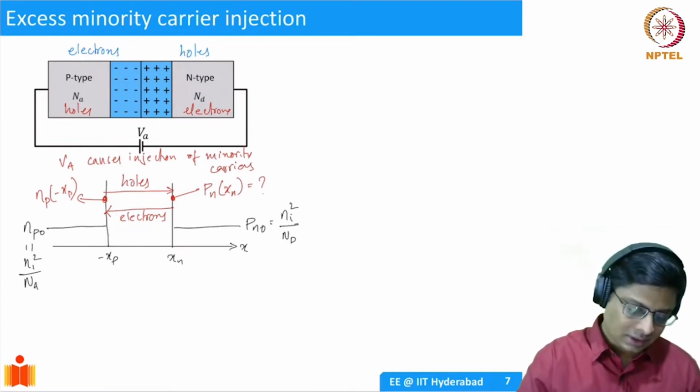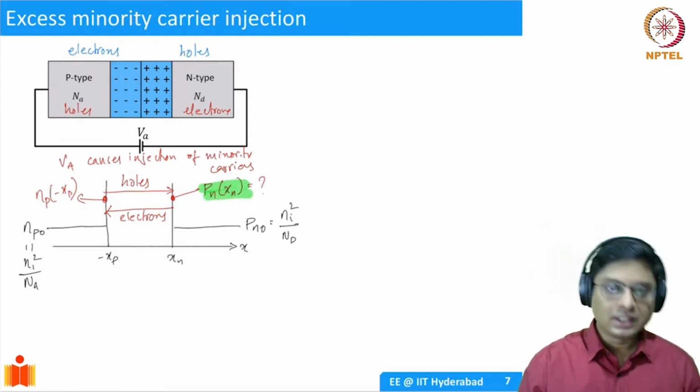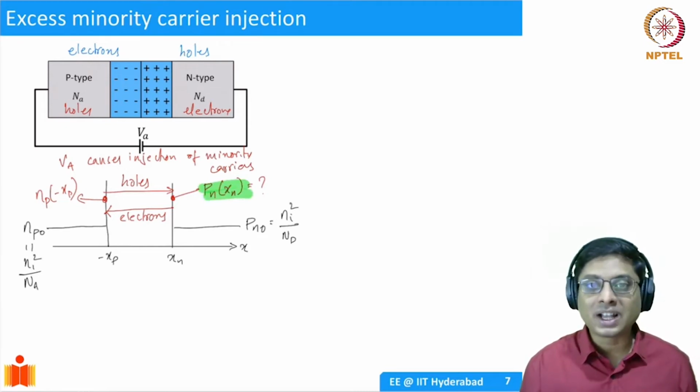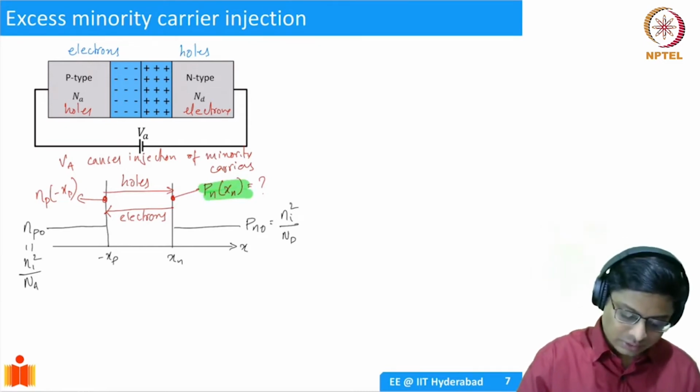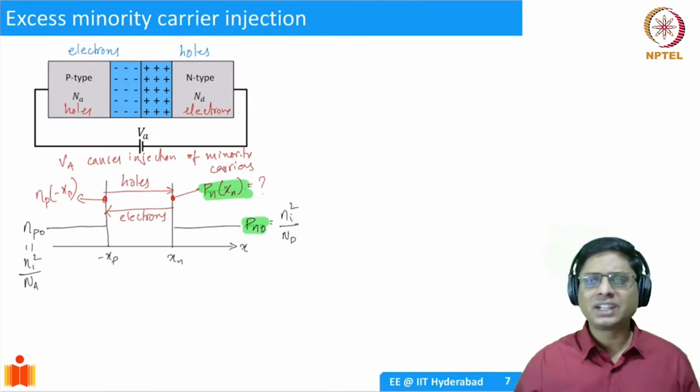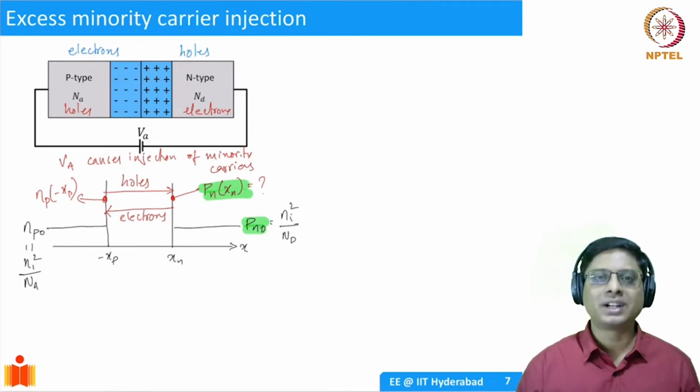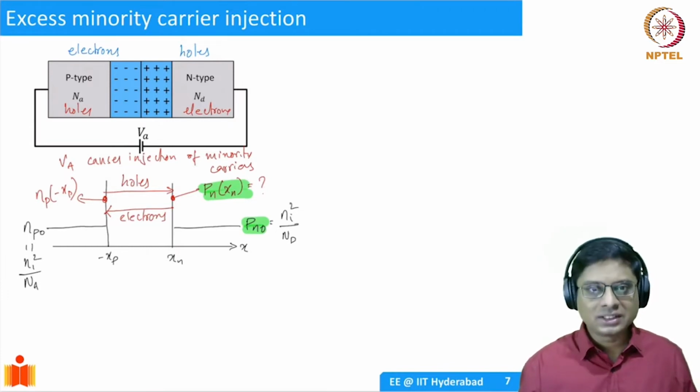Remember, this quantity Pn is a non-equilibrium situation. It's going to be higher than Pn naught. Pn naught was the equilibrium density, and we saw that Pn naught was relatively low, because the doping was 10 power 14, 15, 16, whatever, and correspondingly Pn naught will be lower. But now we are taking the majority carriers on the P side, which is a lot of them.